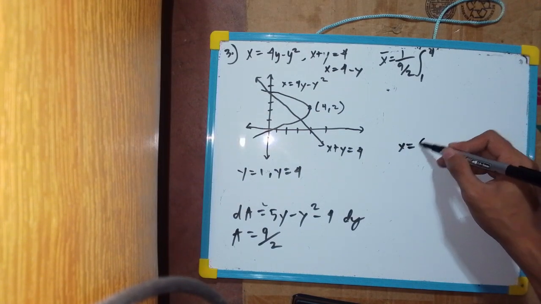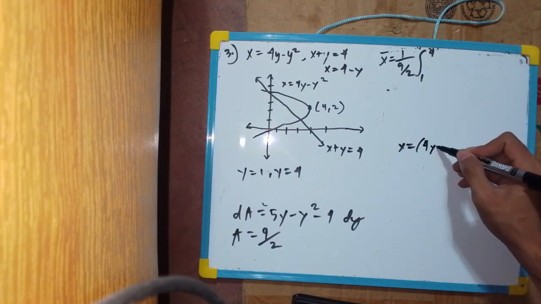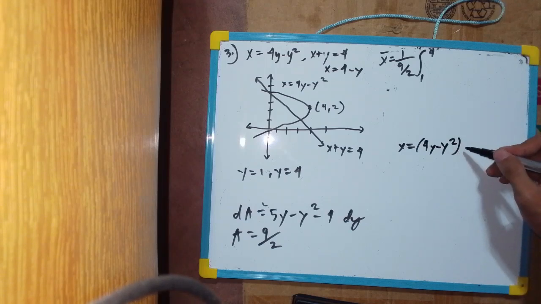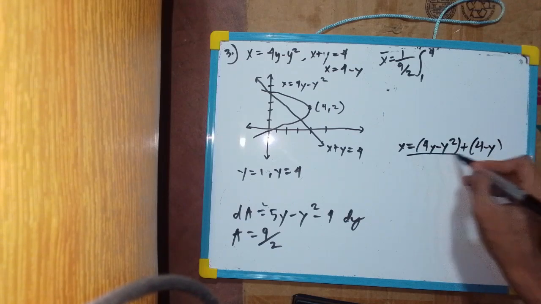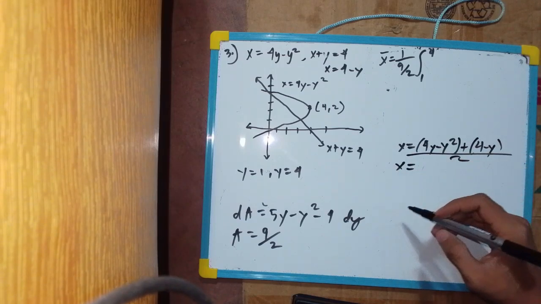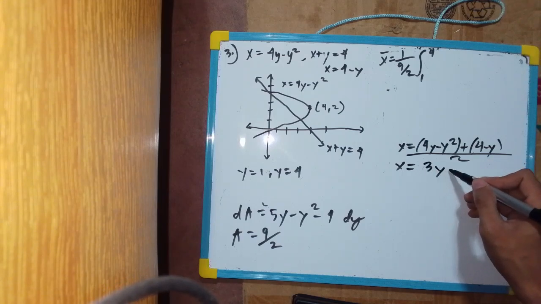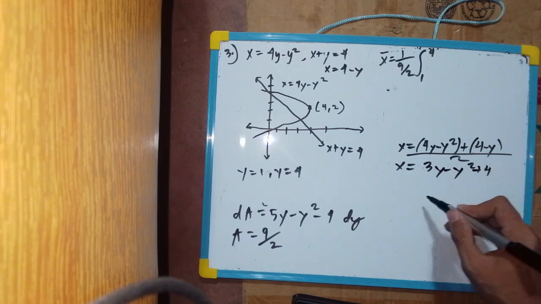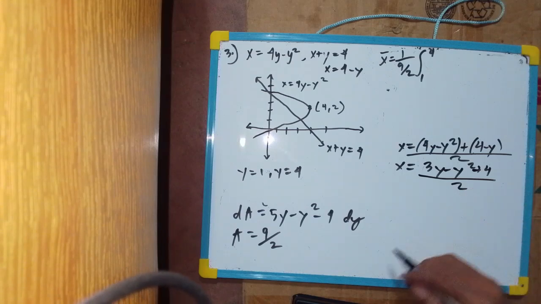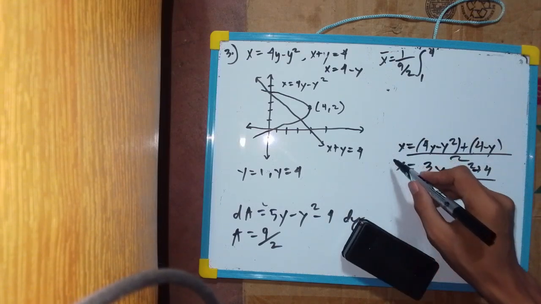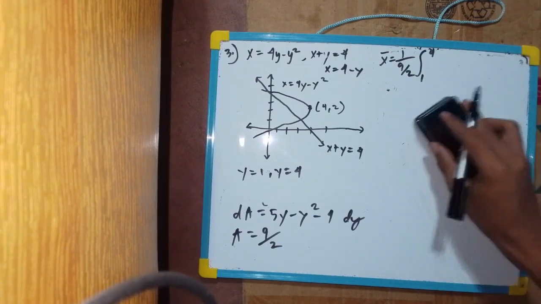So 4y minus y squared plus 4 minus y, over 2. So we have 3y minus y squared plus 4, over 2. So let's substitute this x into the formula for x mean.